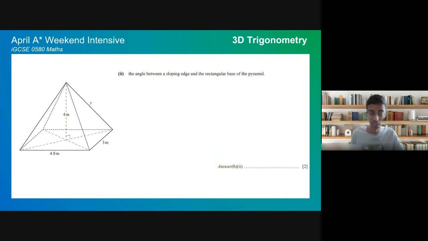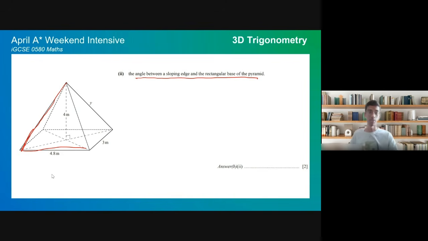The next one, and this is where we use trig, is the angle between the sloping edge and the rectangular base. So what angle would we be referring to? We take the sloping edge again, we draw it, and a very common misconception I've seen is that students will assume that it's this angle here with the actual side length of the rectangle.